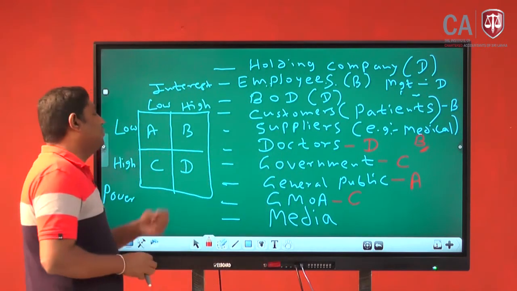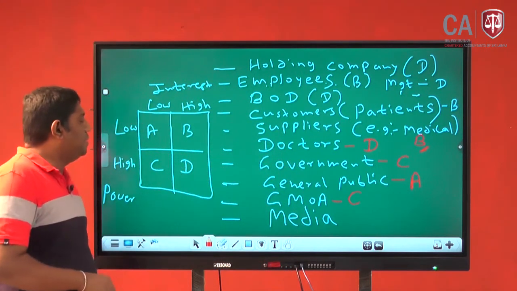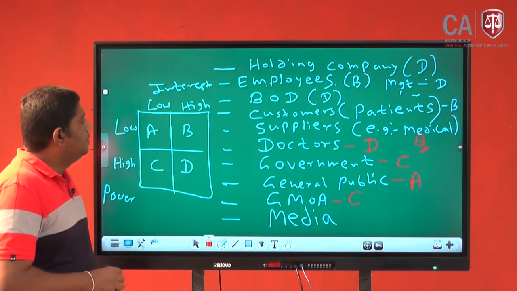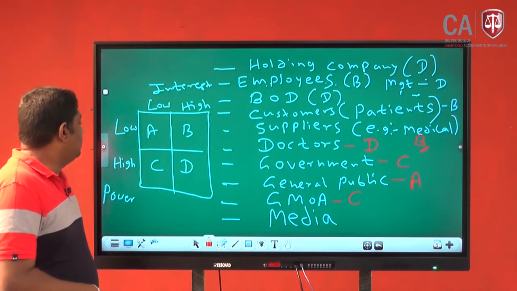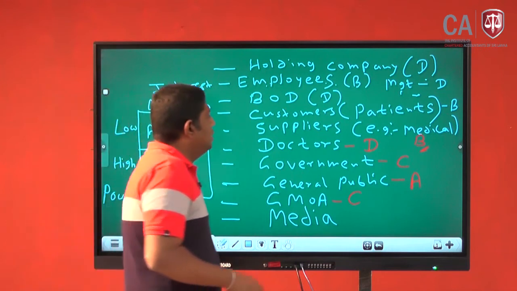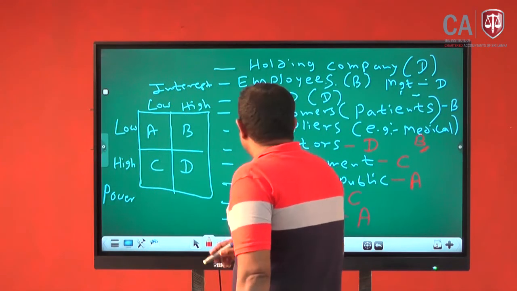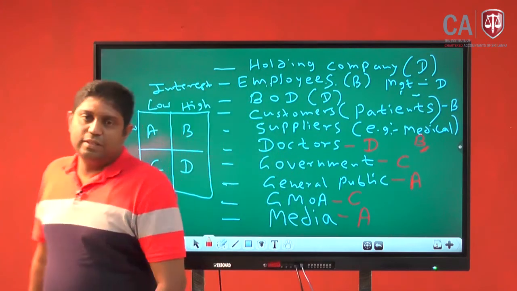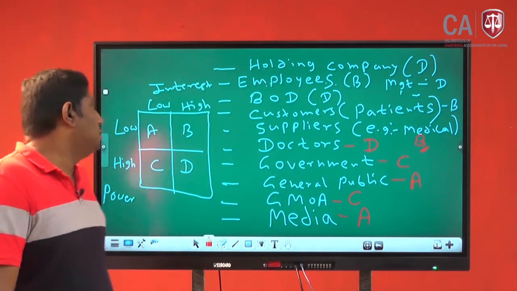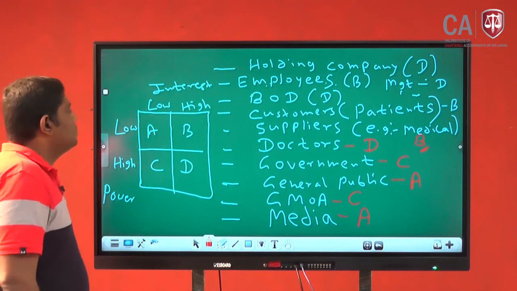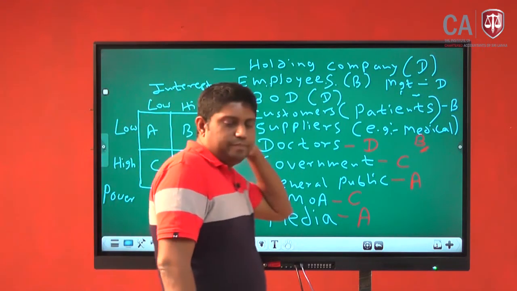In a specific situation, they may increase their interest and become D. Then media may be A. So, I have categorized stakeholders based on particular arguments, right.